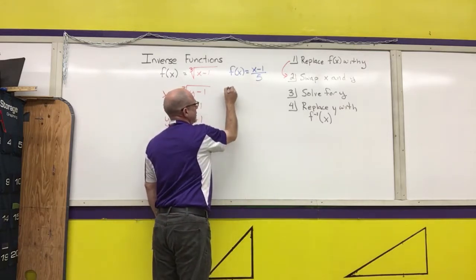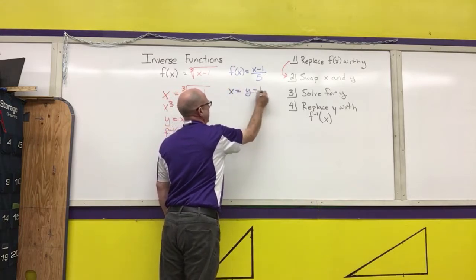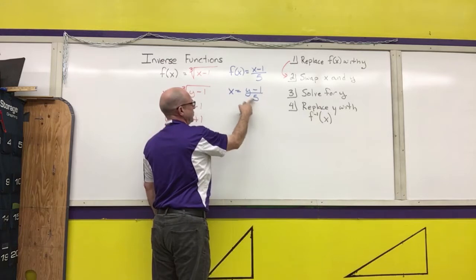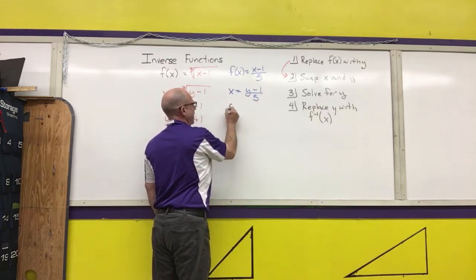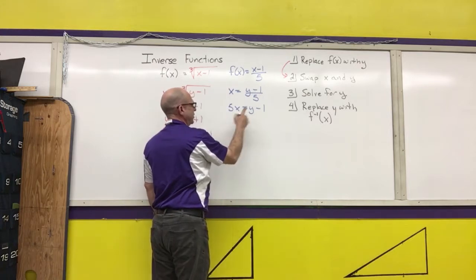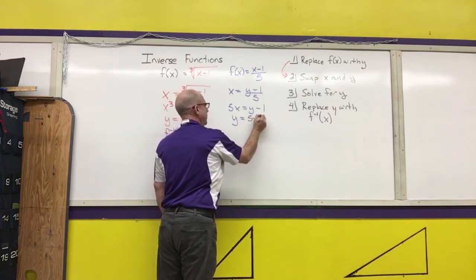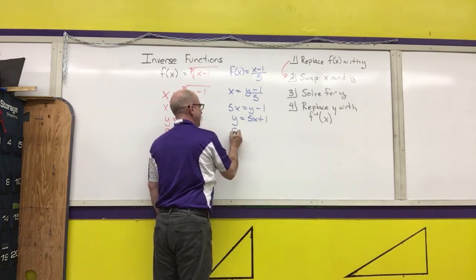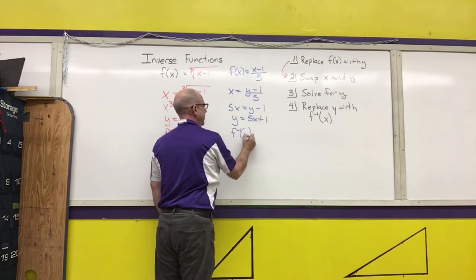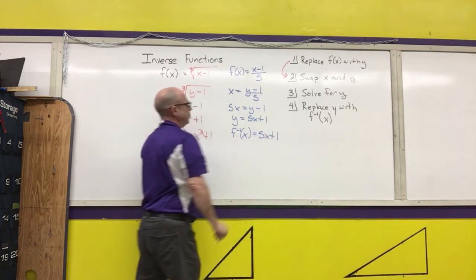This becomes x equals y minus 1 over 5. Solve for y. That gives me 5x equals y minus 1. Add 1 to both sides, and I'm going to bring the y over here. y equals 5x plus 1, which means f inverse of x is equal to 5x plus 1.